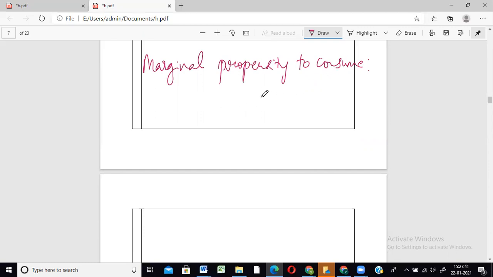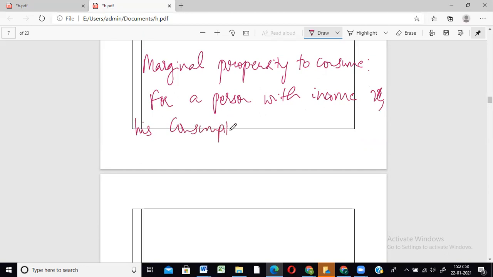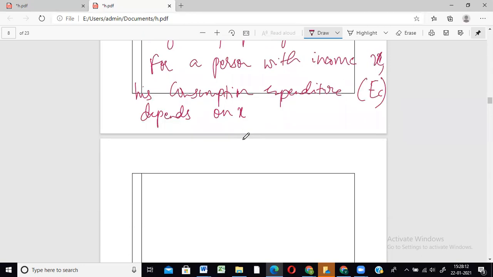So for a person with income X, his consumption expenditure, which is denoted using EC, depends on X. Now that is nothing but EC, which is a function of X.